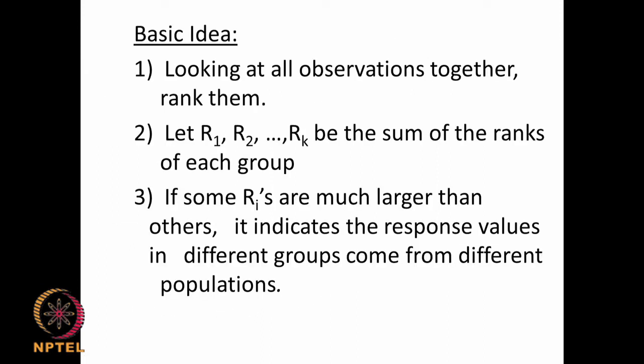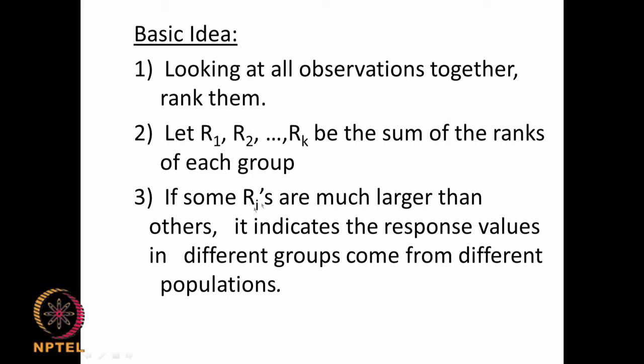So what does it do? It looks at all the observations and ranks them, and then we sum up each of the group ranks. So we get summations R1, R2, R3.